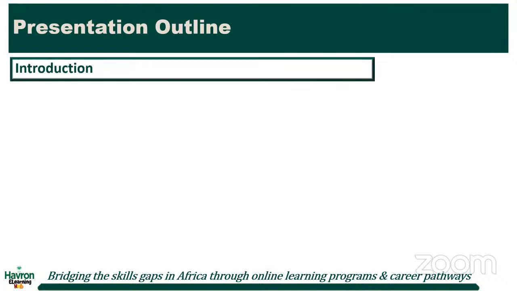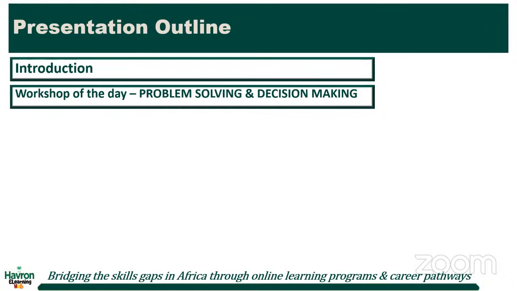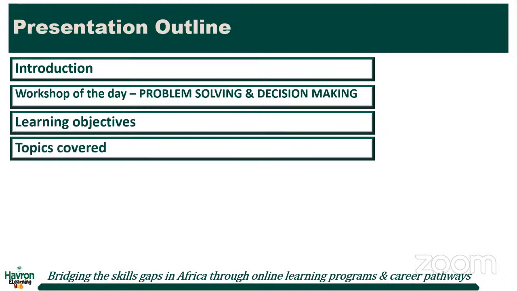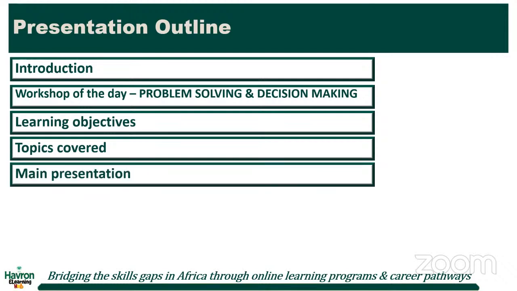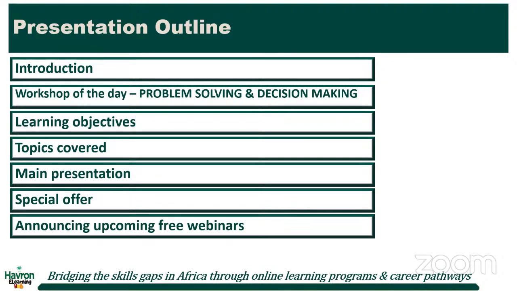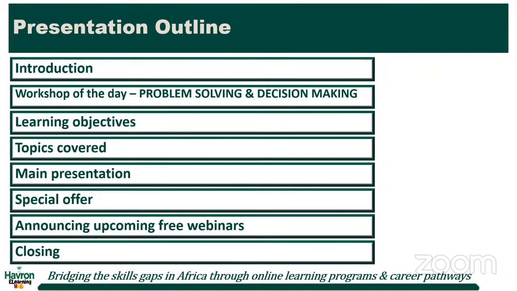First, we are going to give an introduction. Then we'll present the workshop of the day, the learning objectives for this particular one. We will now look at the topics covered within this workshop, and then we'll have the main presentation. After the main presentation, we have a special offer that we are going to make, and then we will announce upcoming free webinars, as we always do, and then we will close.